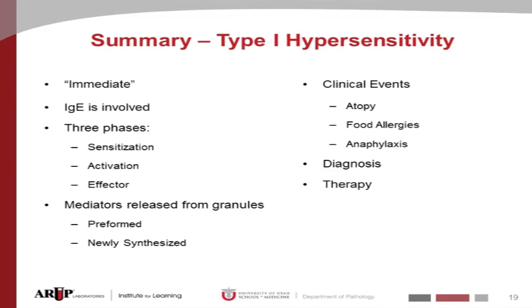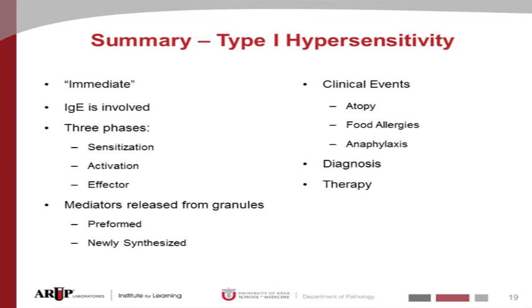So, a summary for type 1 hypersensitivity. We've talked about immediate hypersensitivity. Type 1 is called immediate because it can occur within seconds or minutes after exposure to the allergen, and the culprit antibody is IgE. There are 3 phases to type 1 hypersensitivity.